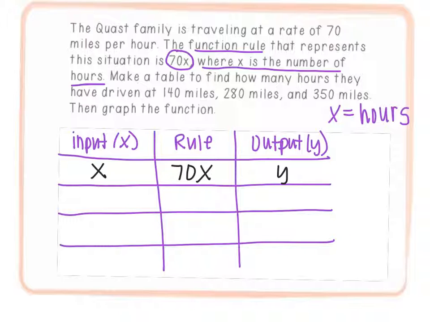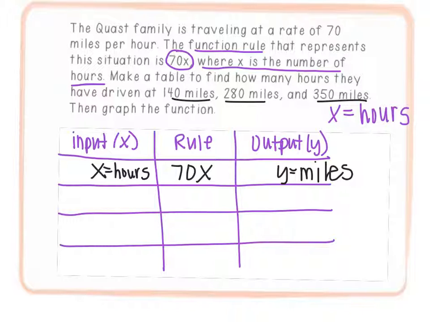They want us to know how many hours they have driven, and remember x equals hours, at these certain miles. So if x is hours, I'm going to assume that y, or the output, is going to be the miles. I just had to use my own thinking to figure that part out.